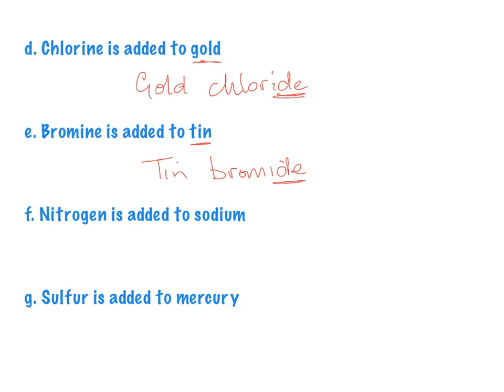Right, next one, quickly, nitrogen is added to sodium. Right, I'll give you time now to answer it. Right, the metal part is sodium. So it's named first, and nitrogen becomes nitride.